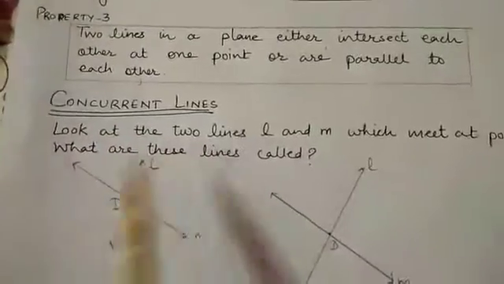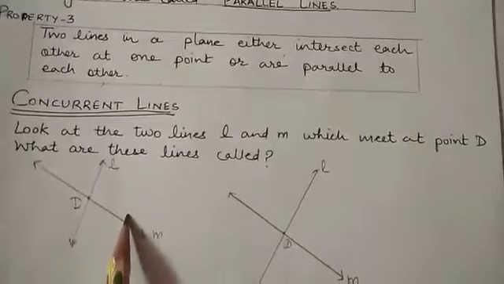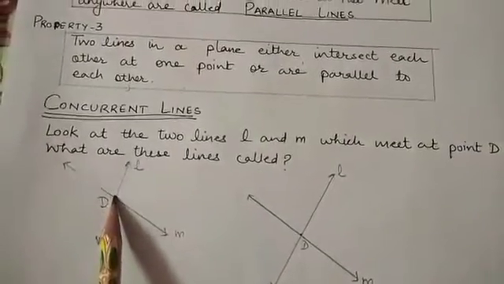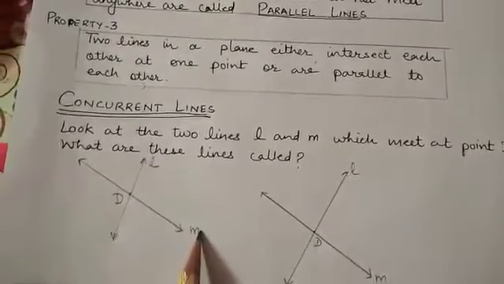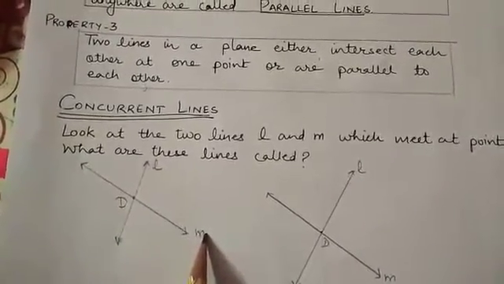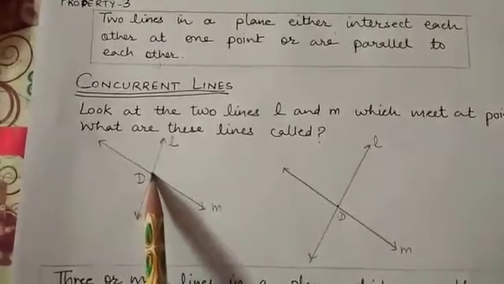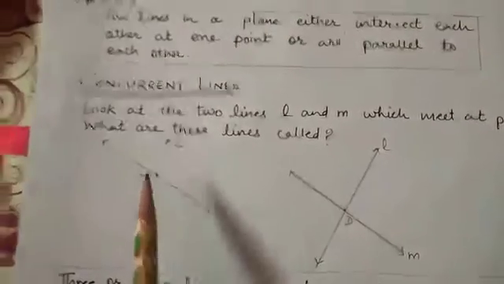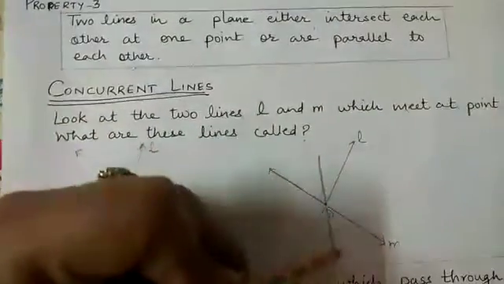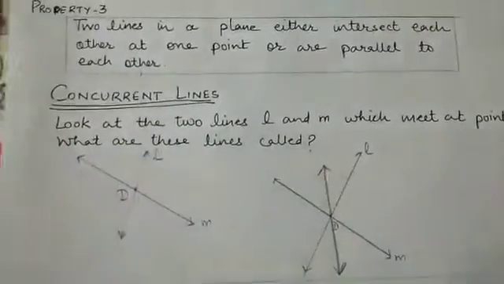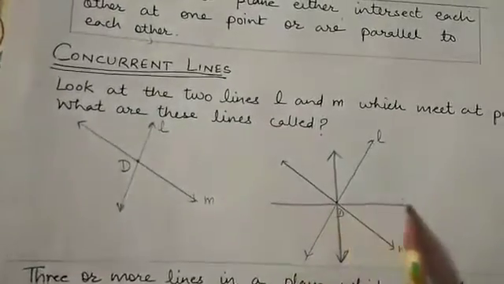Next comes concurrent lines. Now look at the lines L and M which meet at point D. We have just discussed what these types of lines are called. Yes, these are intersecting lines, and the point is known as the point of intersection. If I draw one more line passing through the same point, it's possible. Can I draw one more?